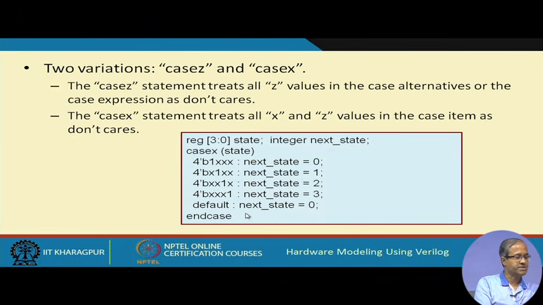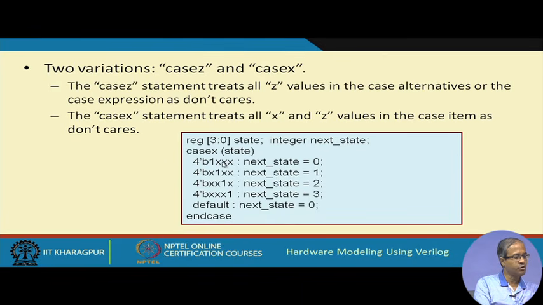Let us take a small example. Suppose I have declared a 4-bit state vector, and next state is an integer. I am using a casex on this 4-bit state, and you see the values of the expressions I am specifying have do not cares; they are not crisp values.